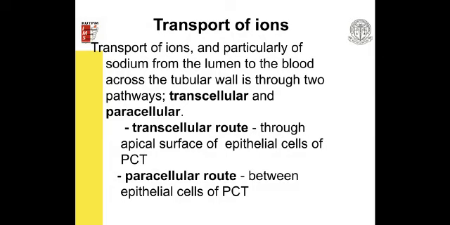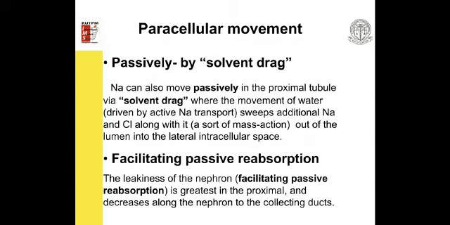The ions, particularly sodium, are transported from the lumen to the blood across the tubular wall through transcellular and paracellular pathways. The transcellular pathway is through the apical surface of the epithelial cells of the PCT. The paracellular pathway is between the epithelial cells of the PCT, and it occurs passively by solvent drag.